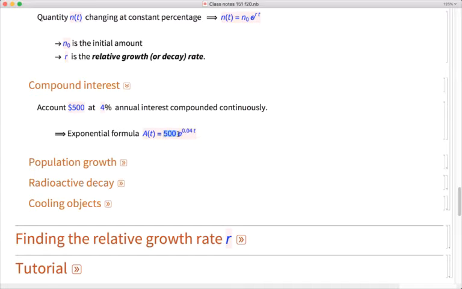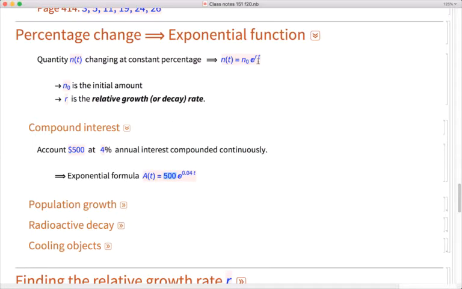It's the initial amount, the n0, and then e, and the relative growth rate r is actually the percent that was specified. So when we have continuous compounding interest, this annual percentage rate is actually equal to the relative growth rate.